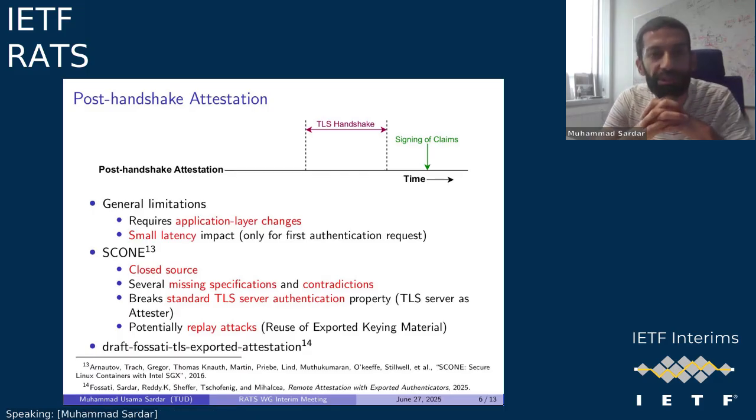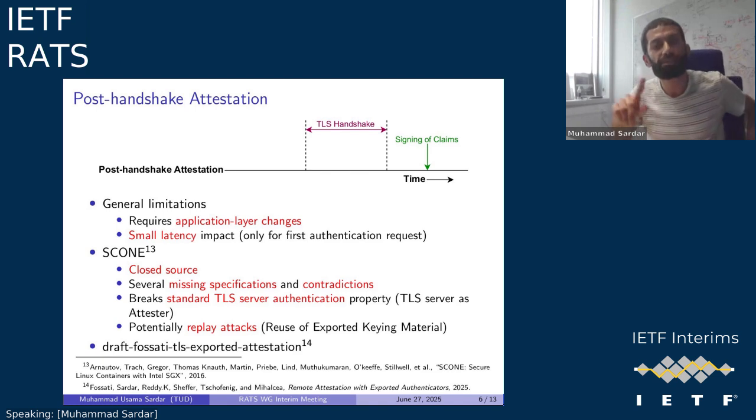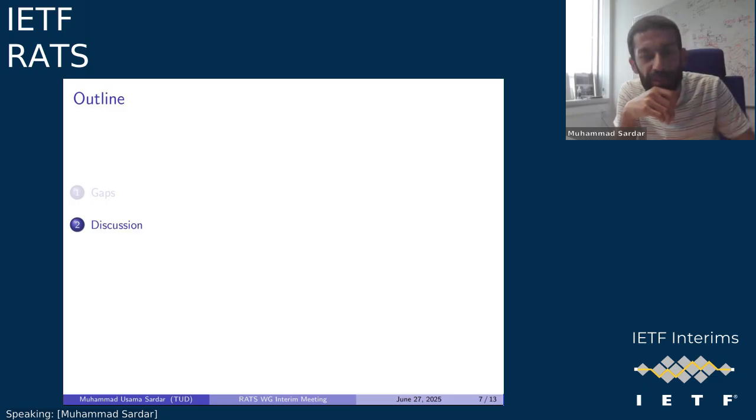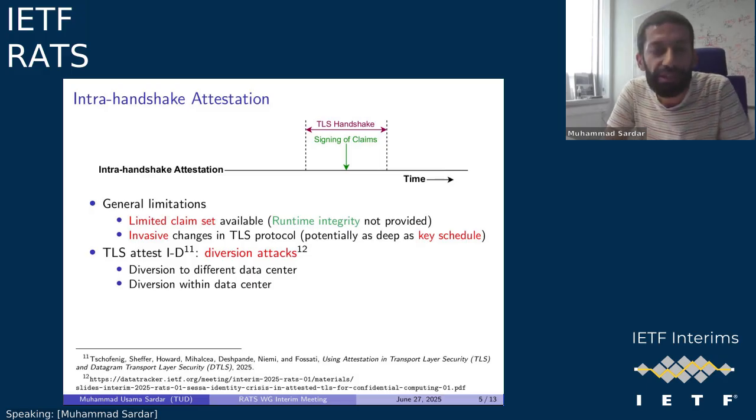Just to be on the same page, are you talking about the intra handshake solution? Yeah, let's start with intra handshake. Okay, so you generated an evidence within the handshake. Kathleen, can you go back one slide, please? This one, sorry.